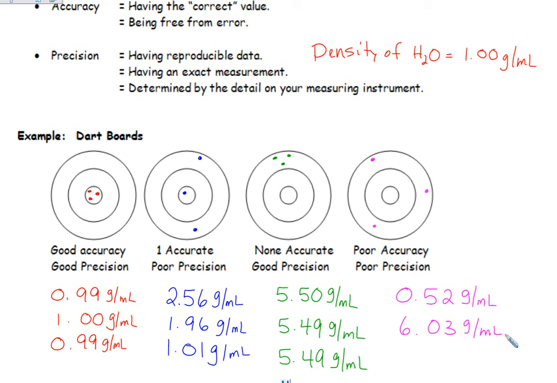Whoops, that's not good. Let's try it again. Then they got, this one's closer, but it's still not right. Something like this. And maybe the third trial, we forgot to look at the markings on our graduated cylinder. Data like this would make me think that they made mistakes, and they probably made different mistakes with each trial. Their data is all over the place.